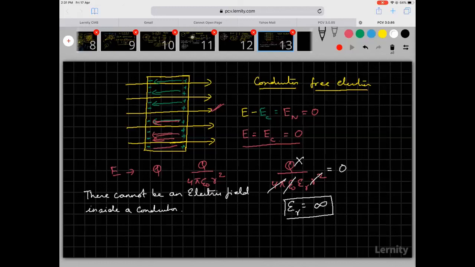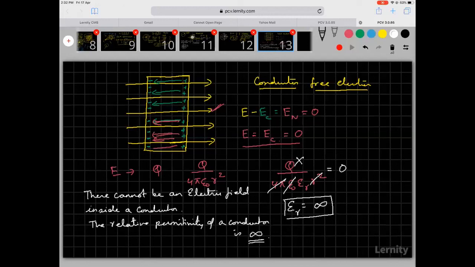In other words, the dielectric constant, or the relative permittivity, of a conductor is infinity.